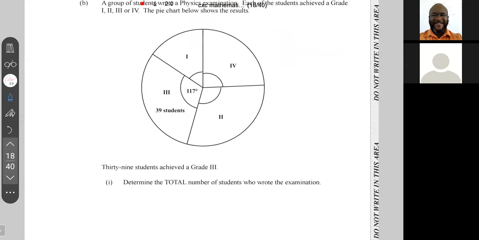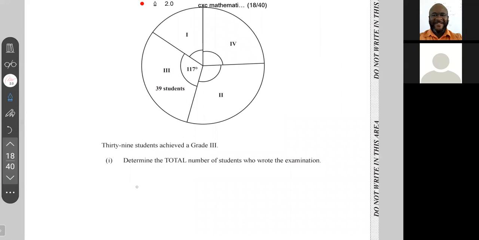All right, so grade 3, which is 39 students, is represented by 117 degrees.